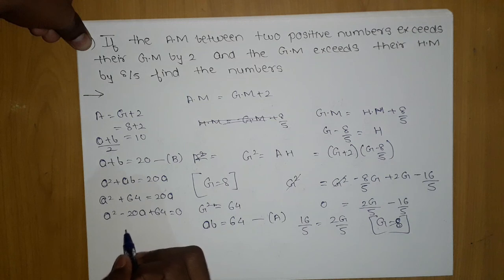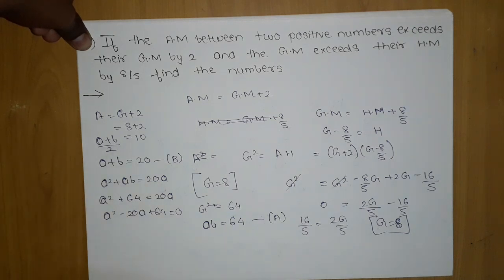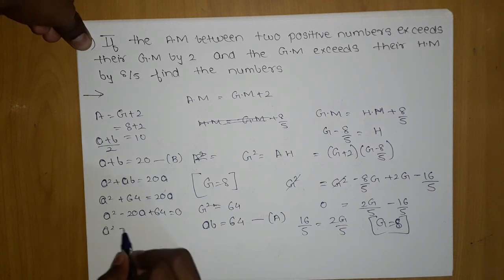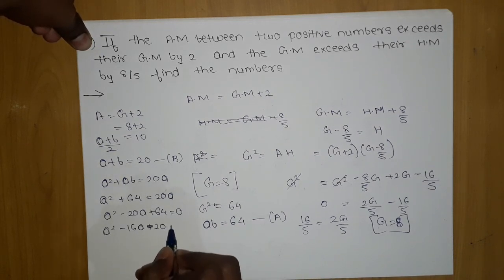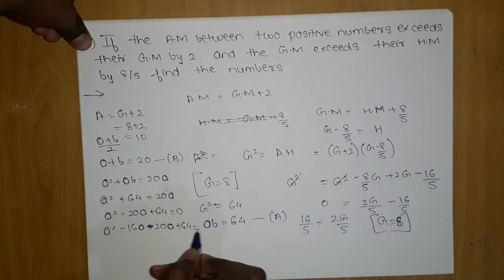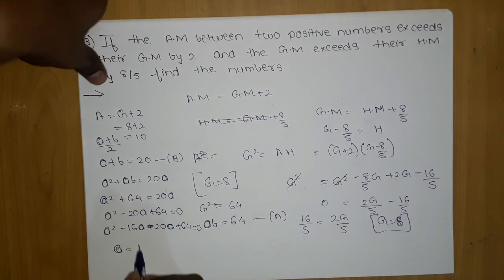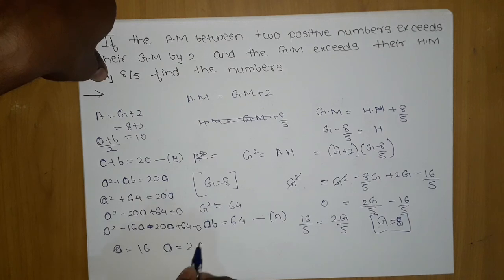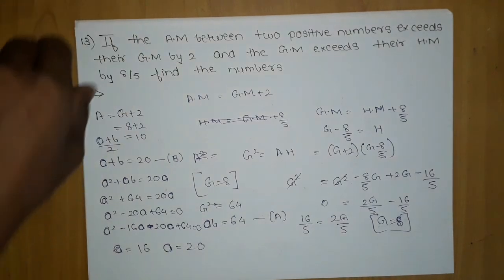Then what can we get? Minus 20A, plus should be 20. So we get A square minus 20A plus 64 should be equal to 0. So we are getting A is equal to 16 and A is equal to 20. Okay, two numbers. Now can we get B?